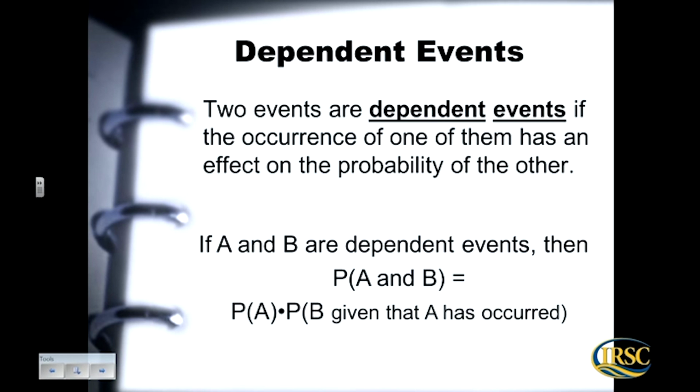And I don't really like the word given in there. I keep forgetting to change that in the PowerPoint. It's the probability of A, and then multiply it times the probability of B, assuming that A has occurred. Okay? Change that word given to assuming. I like that word better. So the probability of A times the probability of B, assuming that A has occurred.